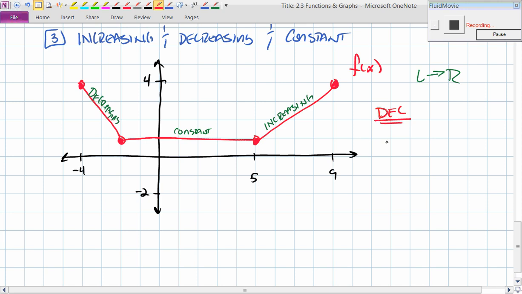Now remember, when we label these parts of the graph for f of x, we're looking for x values. Okay, so what x values for the real number line is the graph decreasing? And the answer lies from right here to right here. All right, do you see what I'm saying?